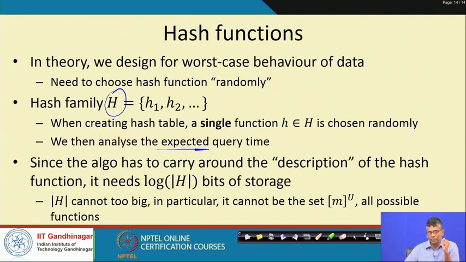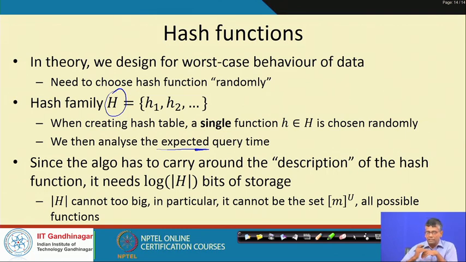In an information theoretic sense, if the cardinality of H is the size of the family, the algorithm has to carry a logarithmic number of bits in the cardinality of H as the description of the hash function.